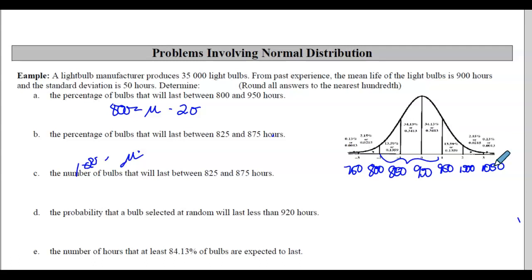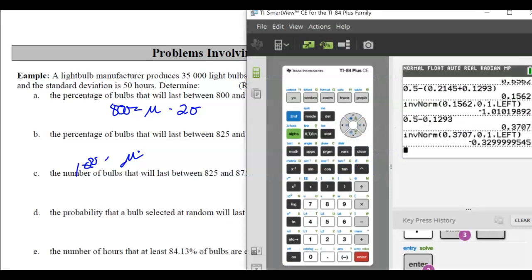So we're going between 800 and 950. So we're going to add up 13.59, 34.13, 34.13. And it says percentage, so we'll use the percent form.